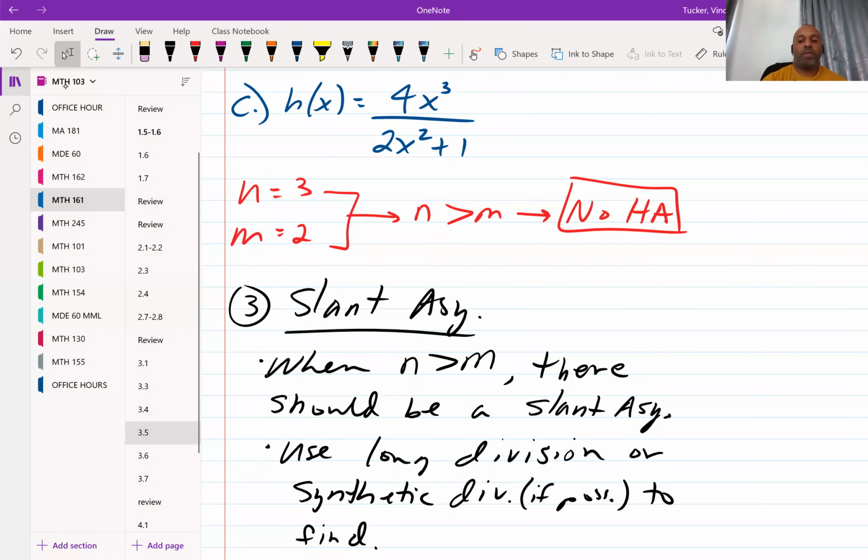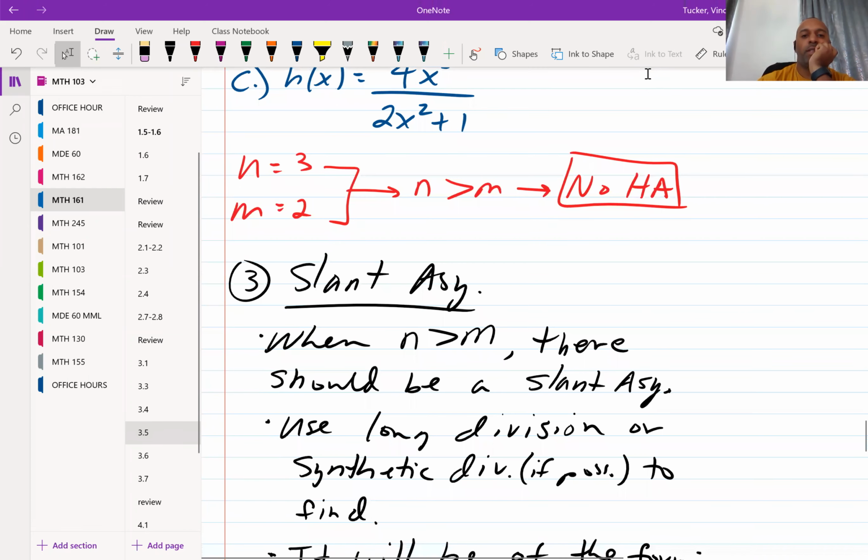So we'll use long division or synthetic division if possible to find it. Anybody holding on to C?